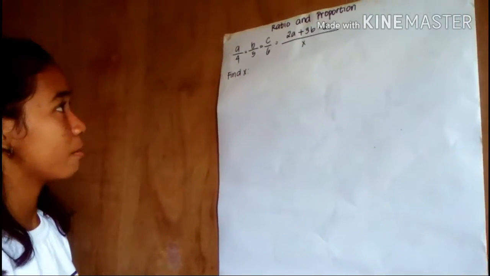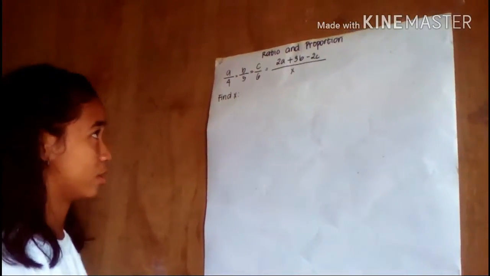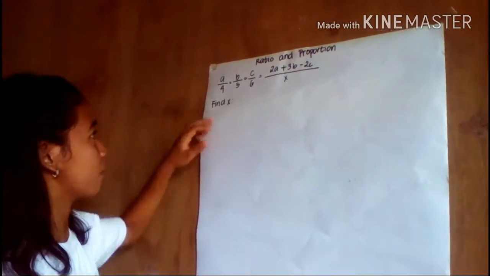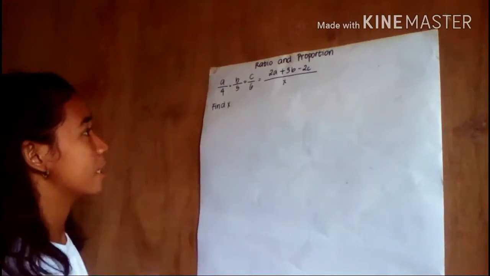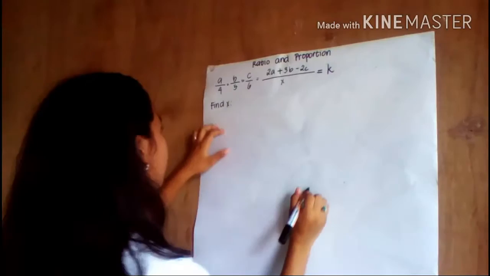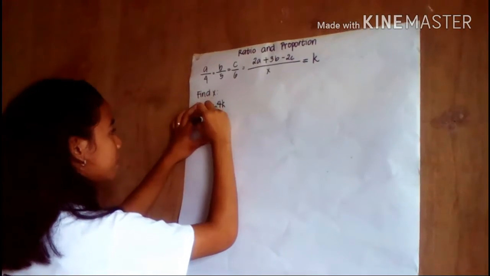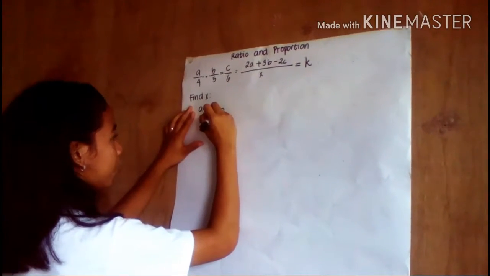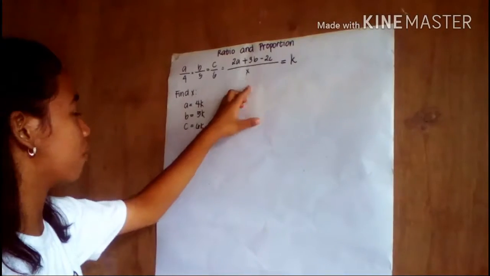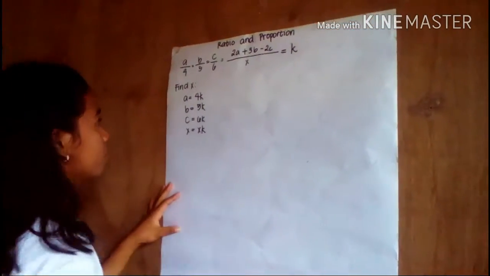So this is another problem on solving ratio and proportion using the property of equal ratios. In this problem, it is easy to find the values of a, b, and c by equating it to k. So we can now say that a is equal to 4k, b is equal to 5k, c is equal to 6k, and to find the value of x, let's say that x is equal to xk.